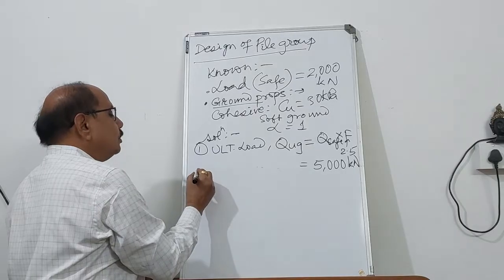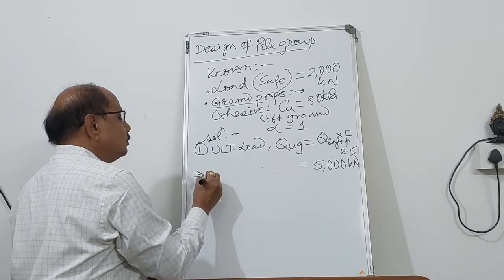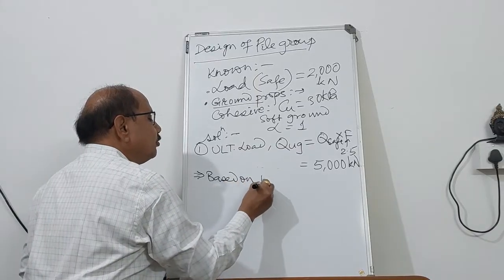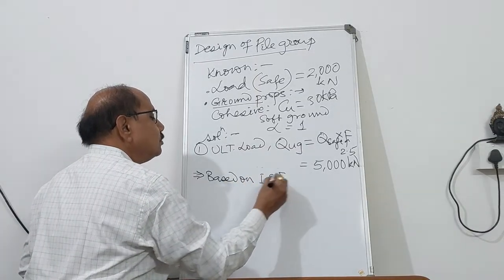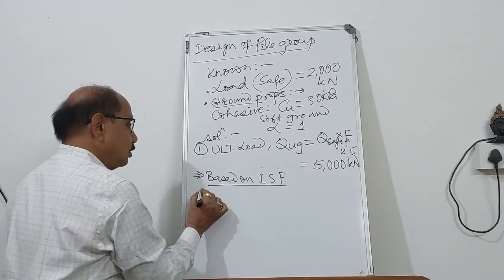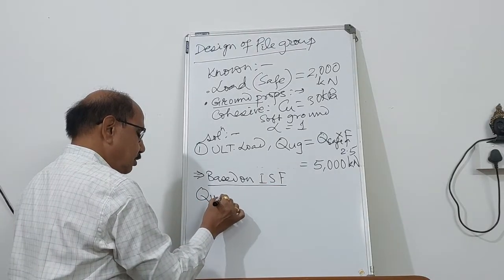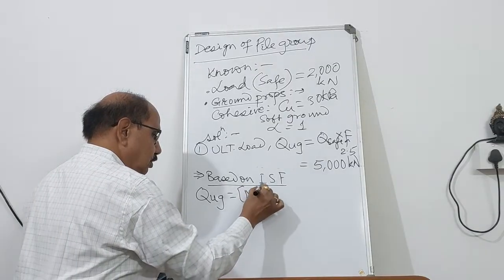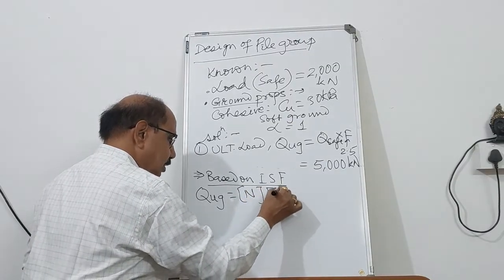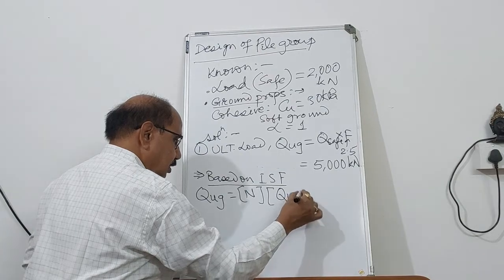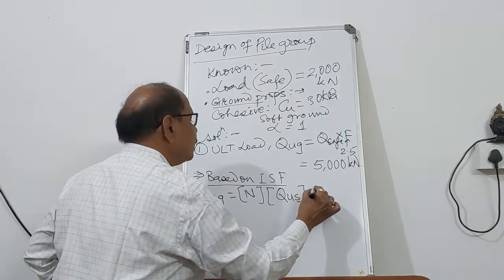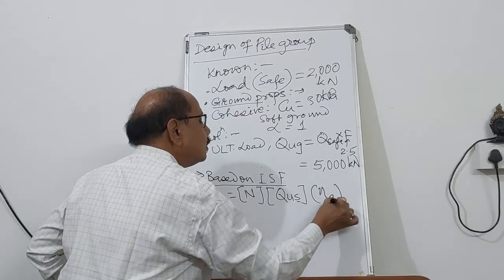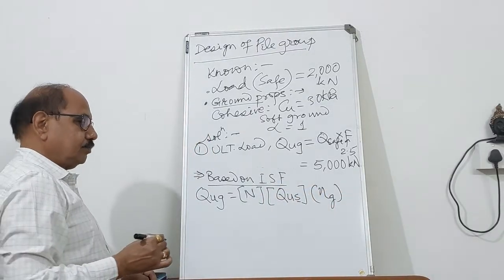So based on individual shear failure, the ultimate load carrying capacity of the pile group is given by this equation.